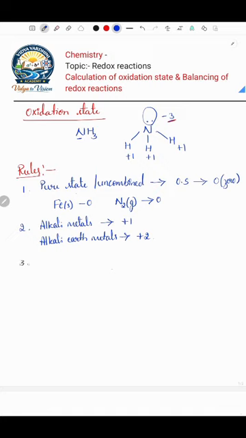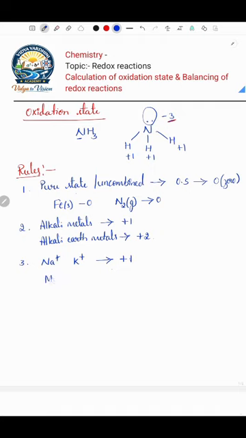Next comes the third rule. The third rule is, whenever we have monoatomic ions, for example Na+, K+, these are monoatomic ions. In these cases, the charge is +1, and correspondingly whatever the charge is present on these atoms, that will be their oxidation state.